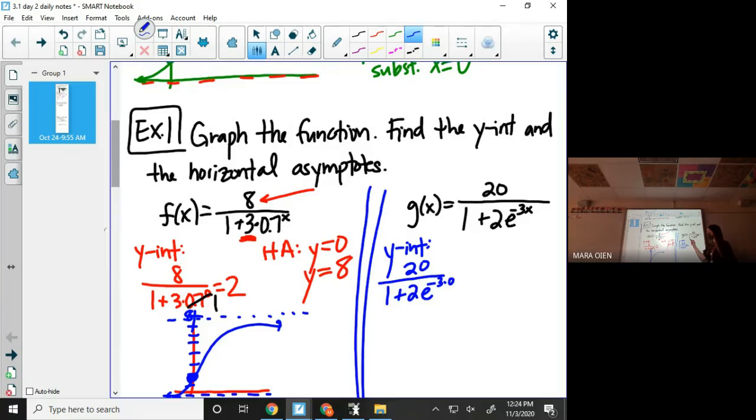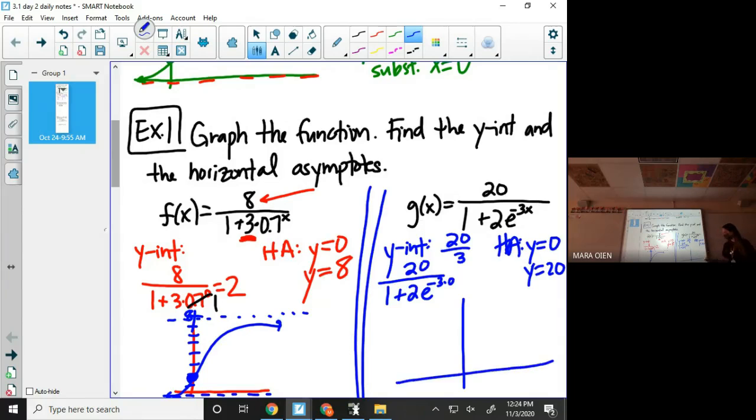So my y-intercept is 20/3. If you want to write that as a decimal, that's 6 2/3, so 6.6 repeating. My horizontal asymptotes are going to be at 0 and 20. Then I can draw my graph.